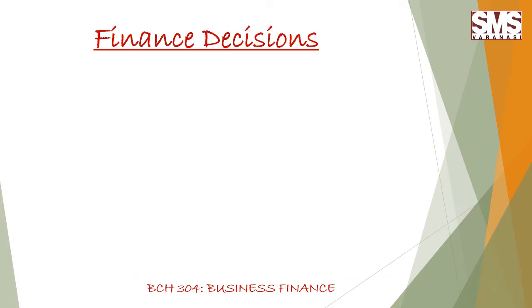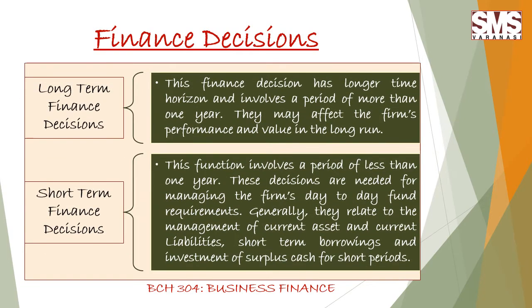So the long-term financial decision here means this finance decision has a longer time horizon and involves a period of more than 1 year, and it may affect the firm's performance and value in the long run.